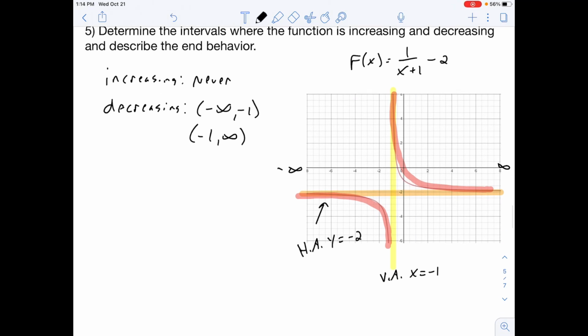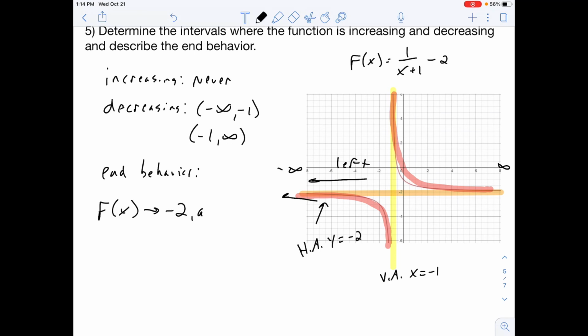Let's talk about end behavior. So think about this. We have this horizontal asymptote here at negative 2. So as I go to the left, this function is approaching that asymptote. So for the end behavior, f of x is approaching negative 2.